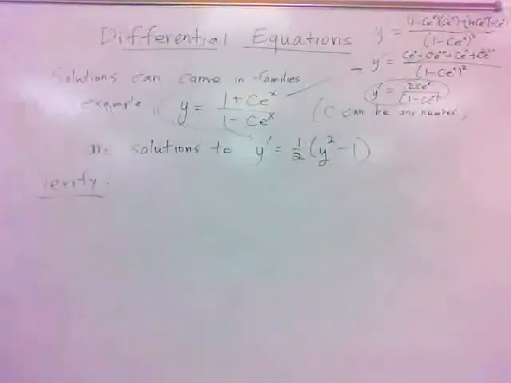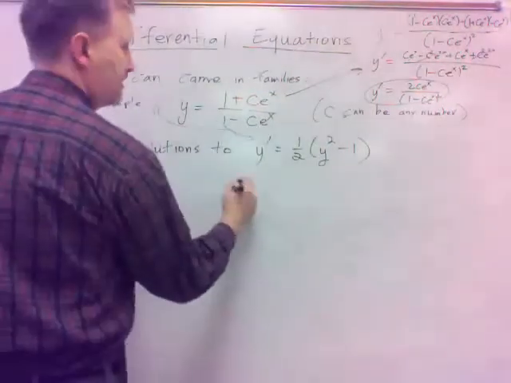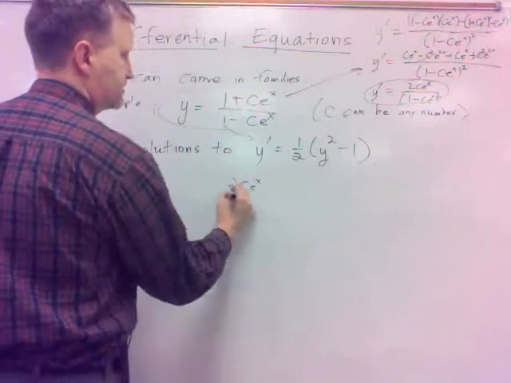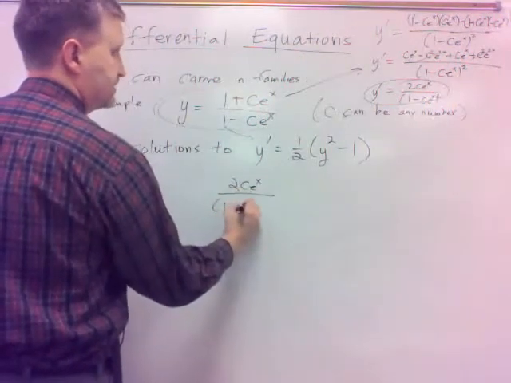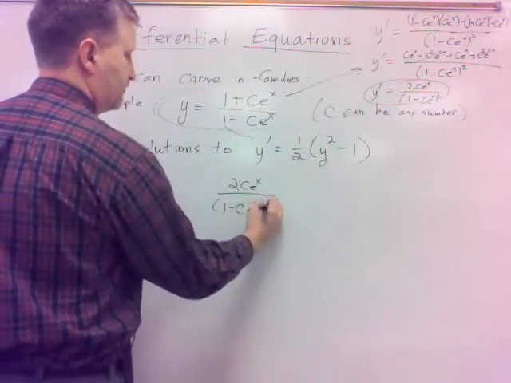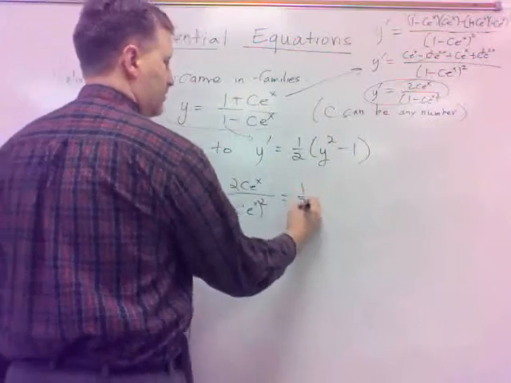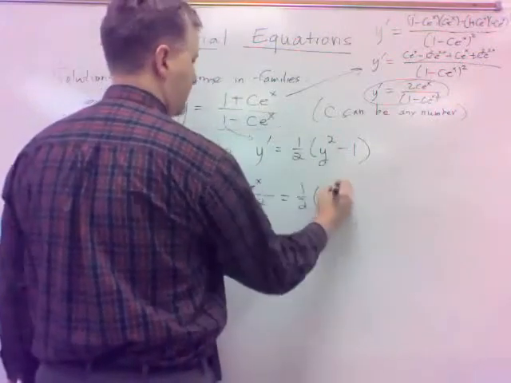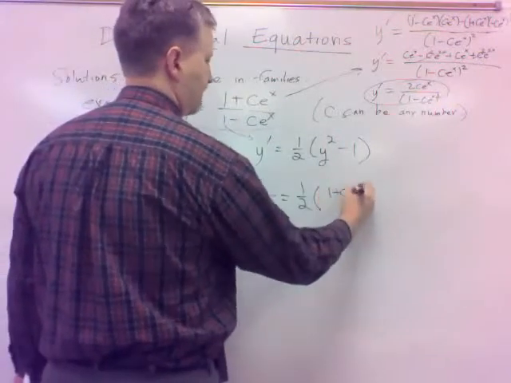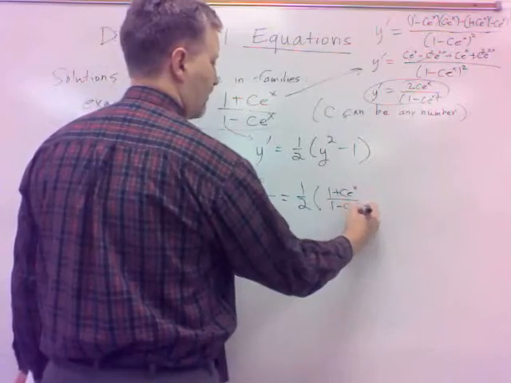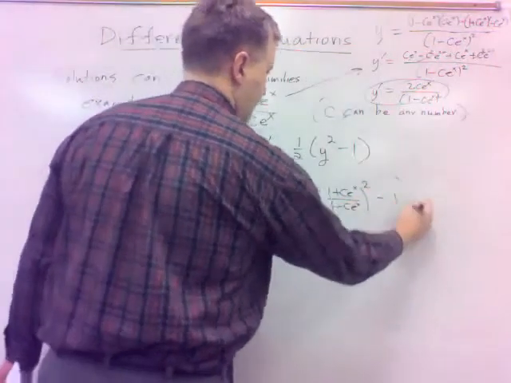So I'm going to plug that in for y prime. Okay, so y prime is 2c e to the x over 1 minus c e to the x squared. And that should equal 1/2 y squared, so I'm going to square that. And then minus 1.